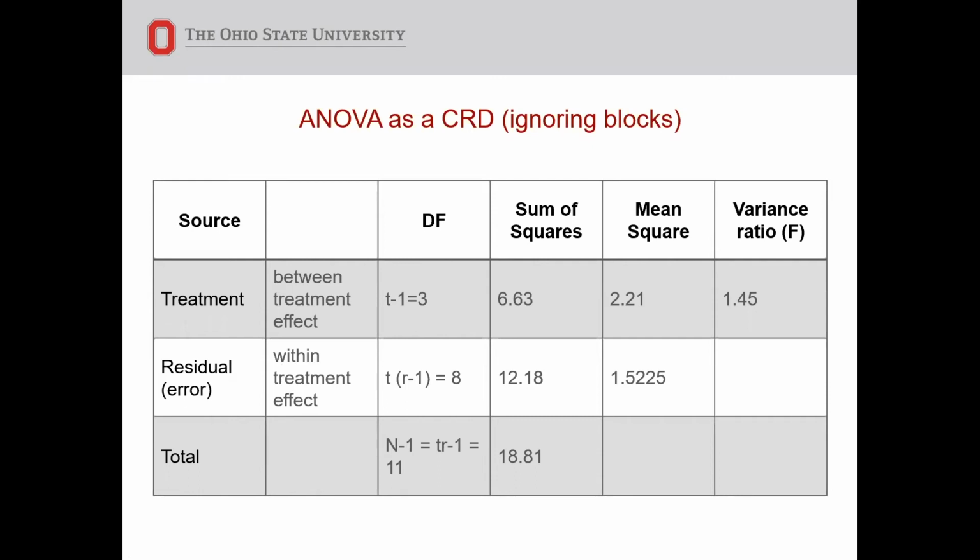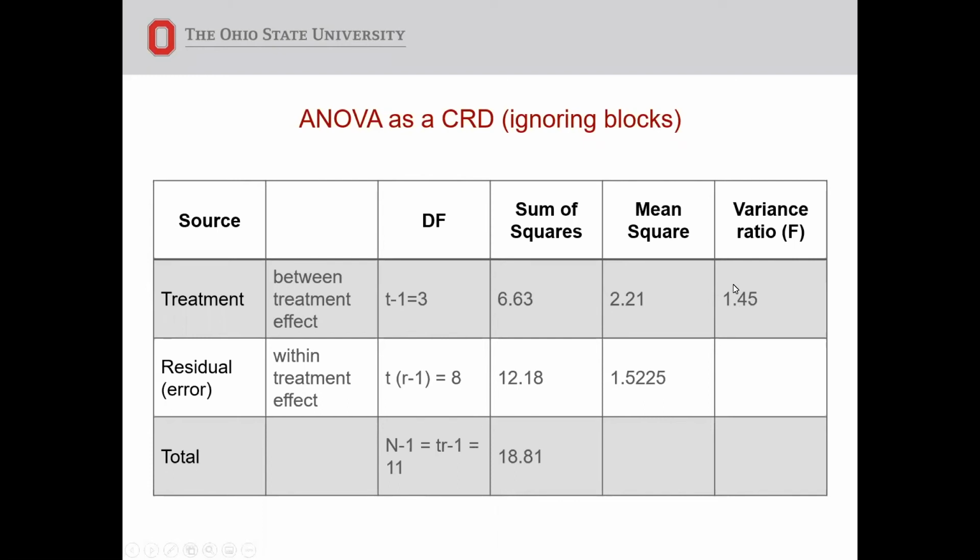So for the layout we had above, with 4 treatments and 3 replicates, we would have 4 times 3 minus 1, 8 degrees of freedom, and these resultant sums of squares, for a total of 11 degrees of freedom for the 12 experimental units.